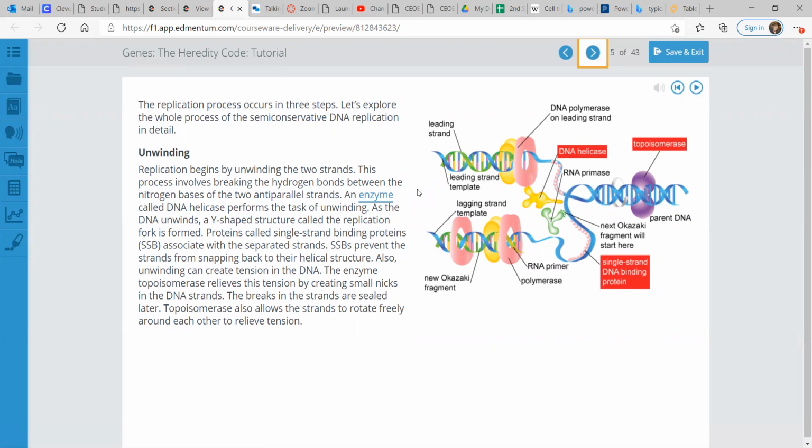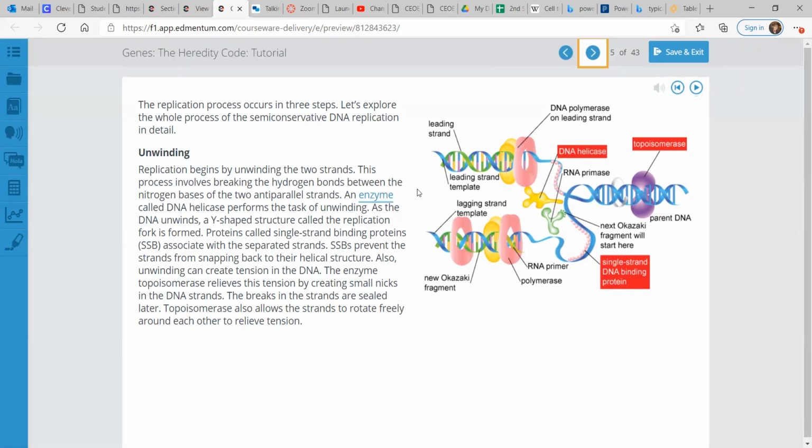This process involves breaking the hydrogen bonds between the nitrogen base of the 2 anti-parallel strands. An enzyme called DNA helicase performs the task of unwinding. As the DNA unwinds, a Y-shaped structure called the replication fork is formed.